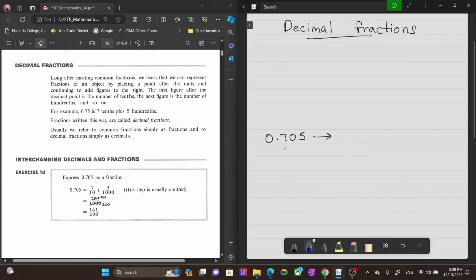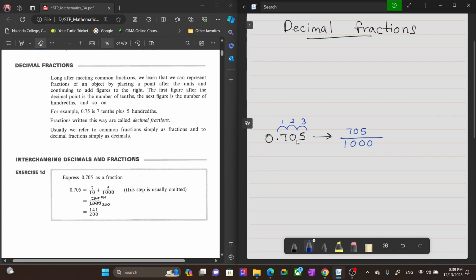Before writing this, you have to count the decimal places: 1, 2, 3. There are 3 decimal places, so you put 3 zeros and a 1 in the denominator, and on top you put 705.